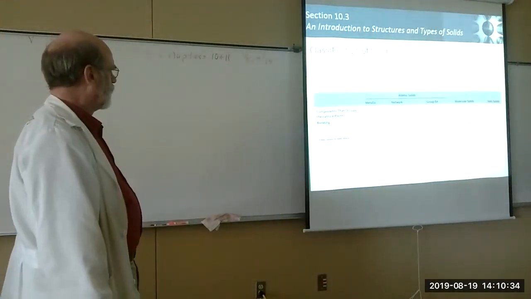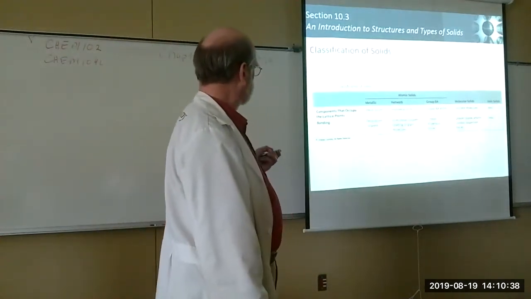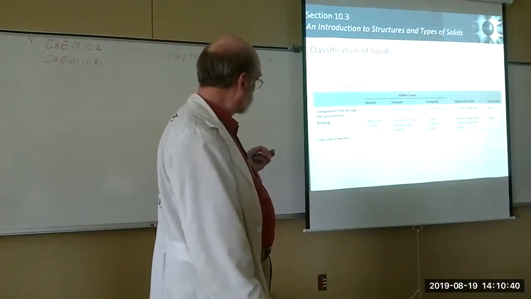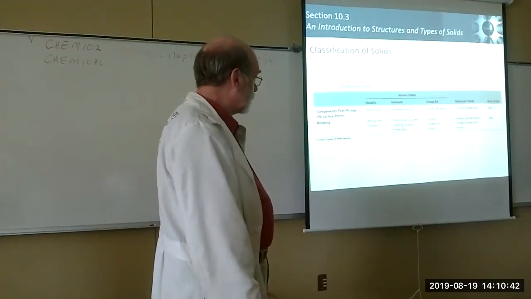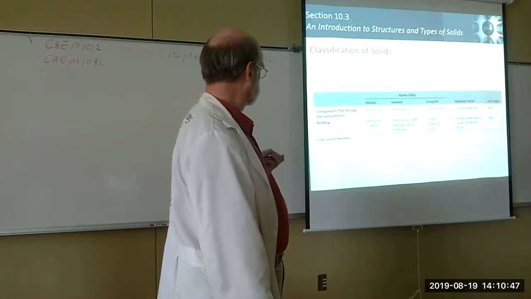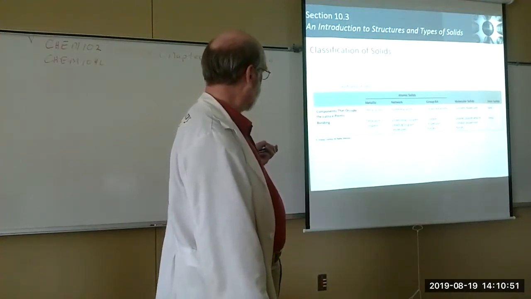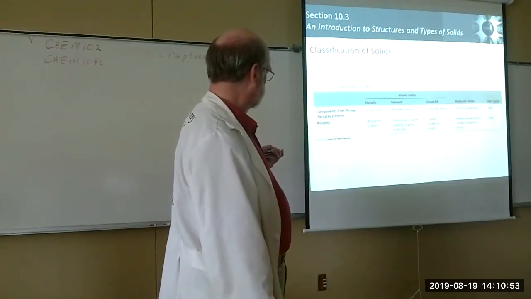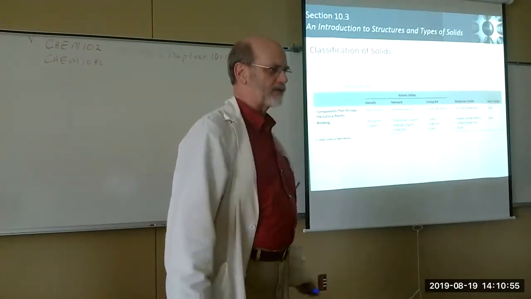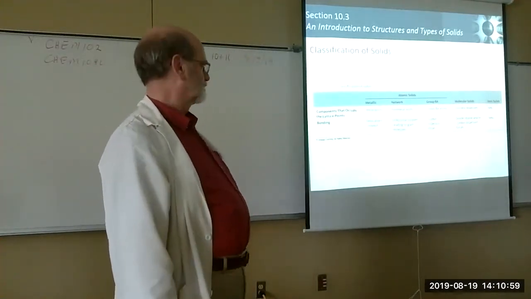Okay, let's see. If you have an atomic solid, we mentioned that earlier, they can form subgroups: metal atoms bound together by what we call delocalized covalent bonds. Well, actually, they're metallic bonds.